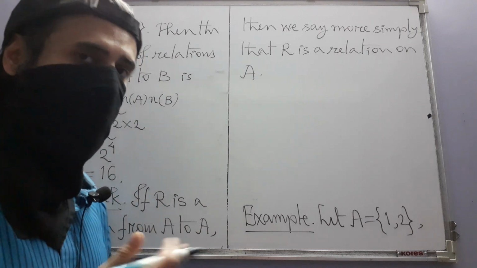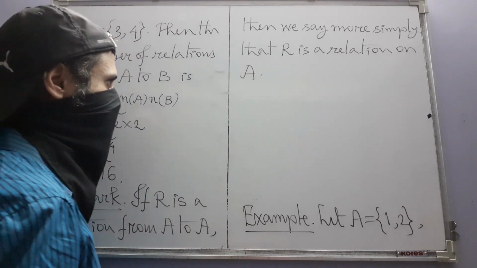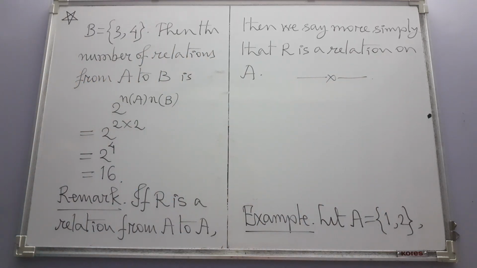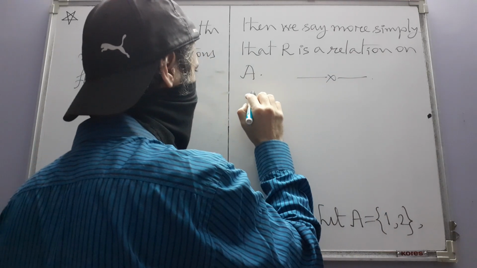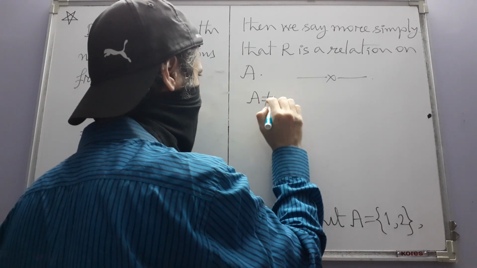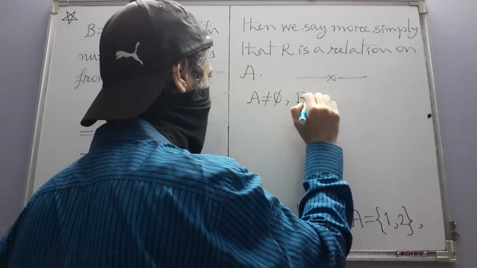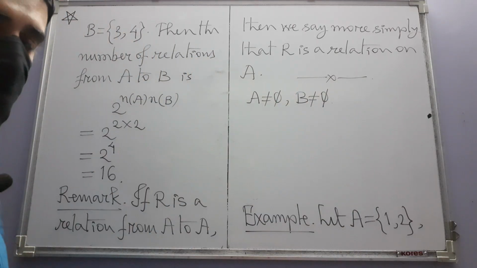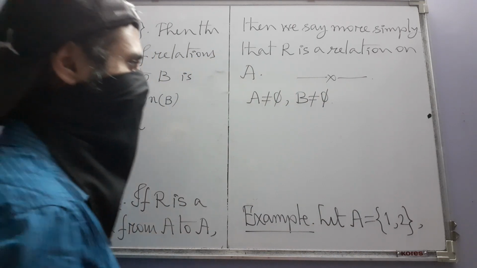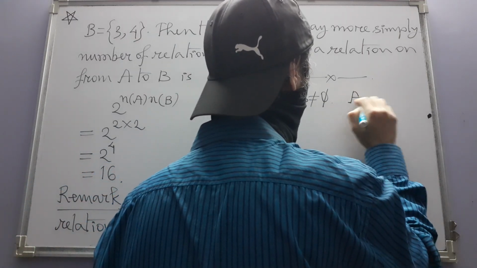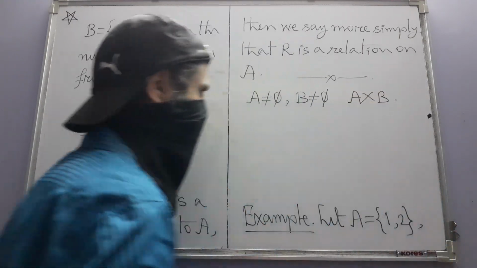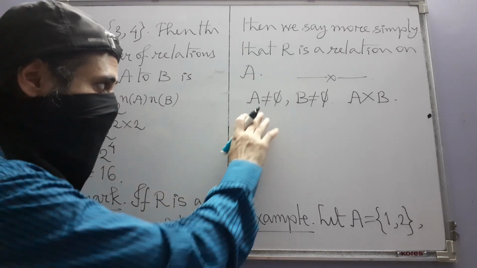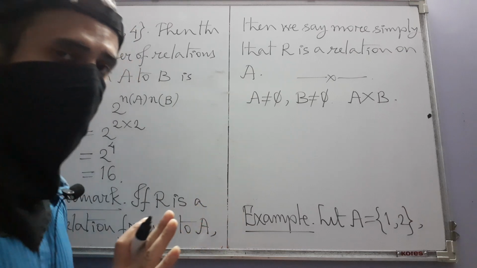But now I have something extra to say. Say you have two non-empty sets, A and B. So you can find various relations from A to B. All of them are going to be subsets of the Cartesian product A times B. Here however I am not assuming that A and B are finite.